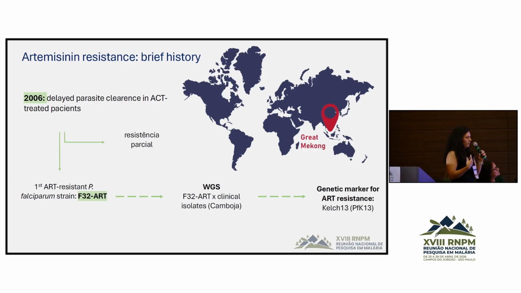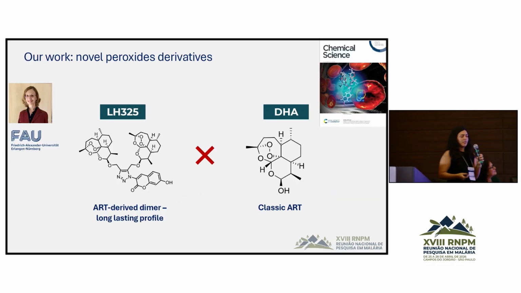From the sequencing of the genome, we identified one of the main genetic markers for ART resistance, which is K13. Today, we know that this profile of partial resistance is not restricted to the region of Southeast Asia. We have other hotspots in the African continent.